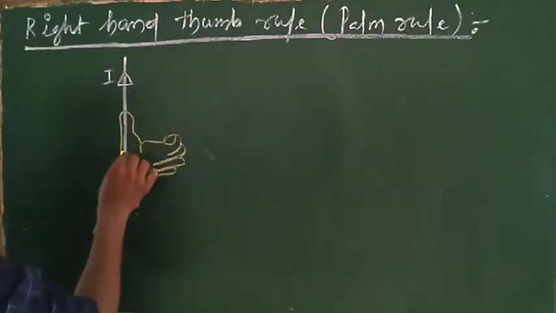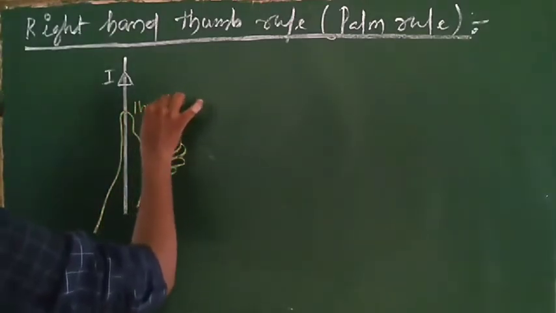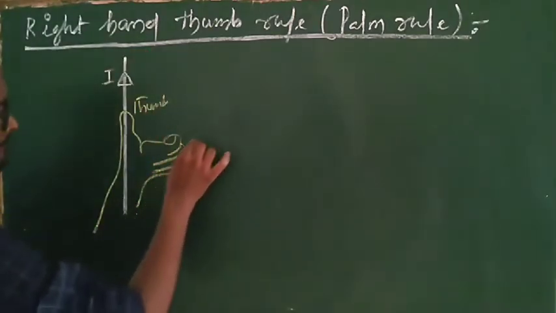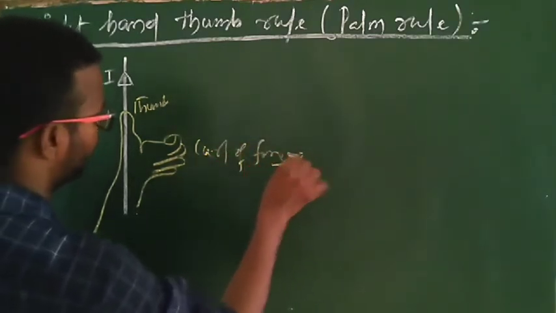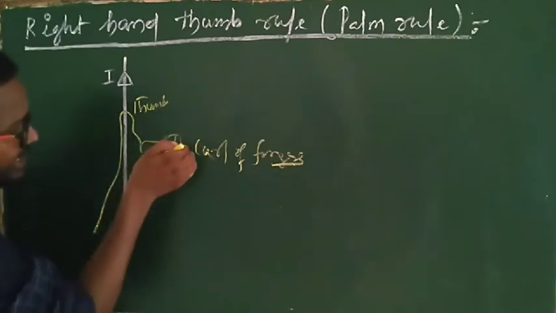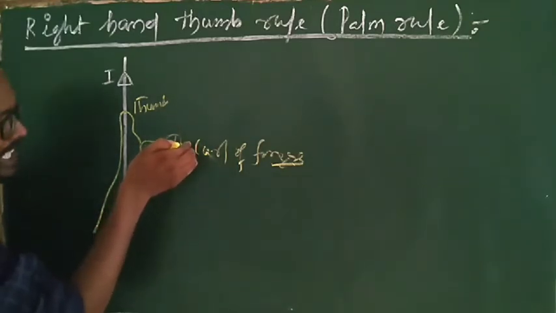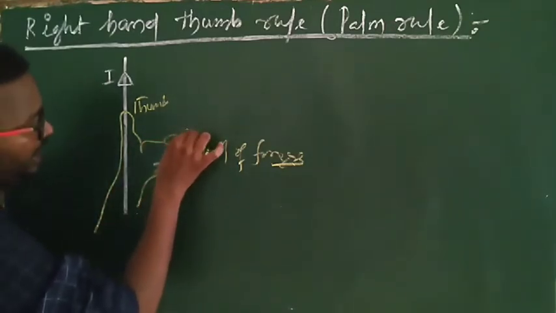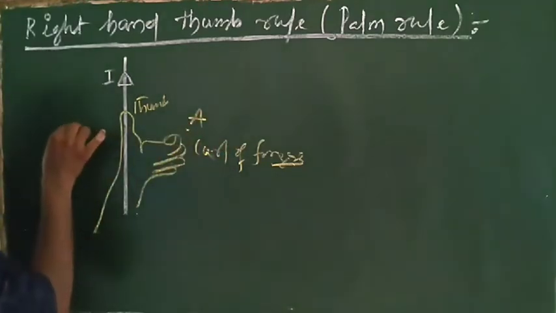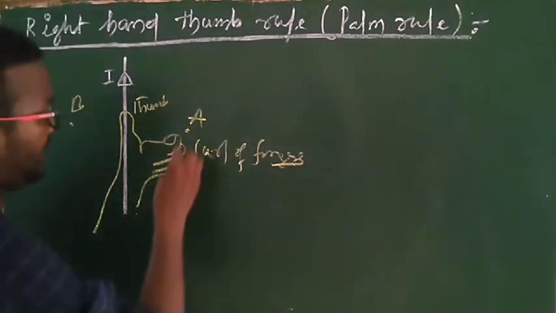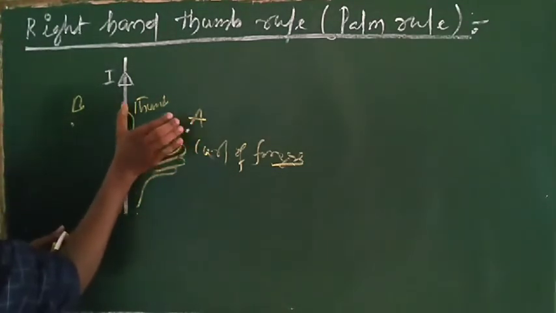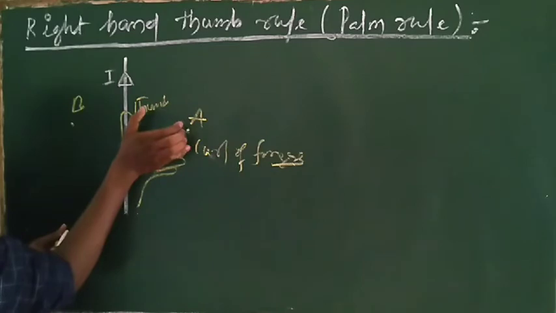This thumb indicates the direction of current. The curled fingers indicate the direction of the magnetic field. So there are 2 points, this point A and then another point B. The direction of magnetic field at point A is inward, because the curl indicates inward direction.